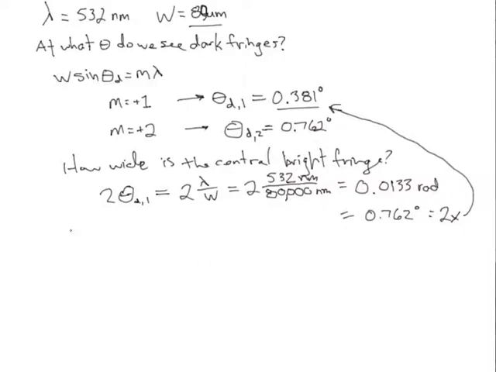And we can go a step farther. Say those are our angular sizes, but if we have a screen, and the screen is set up 10 meters away, where are these features located?